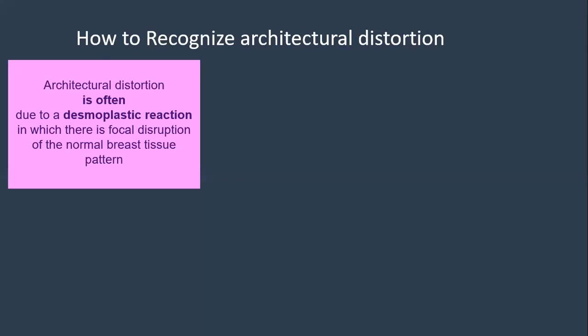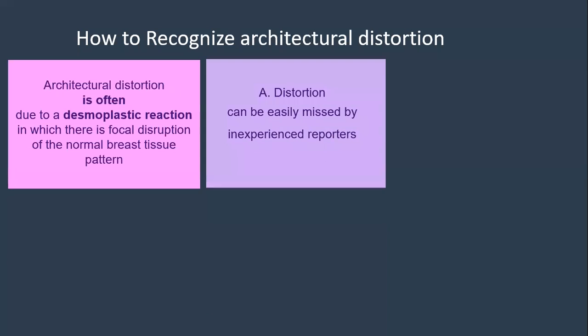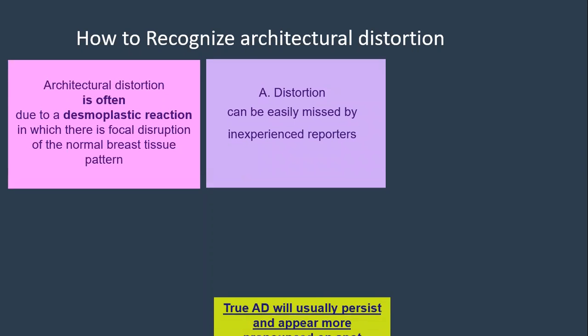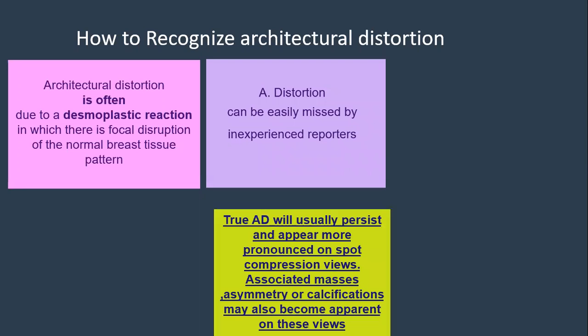Architectural distortion is often due to a desmoplastic reaction, in which there is a focal disruption of the normal breast pattern. It can be easily missed by inexpert reporters and will persist on a spot magnification view, and can become more conspicuous, as can the associated abnormalities like masses, asymmetry, or calcification.